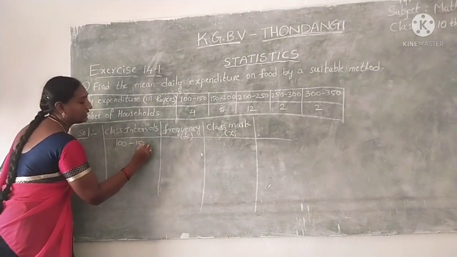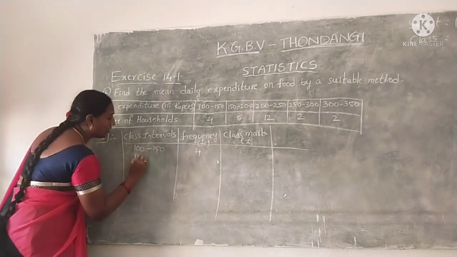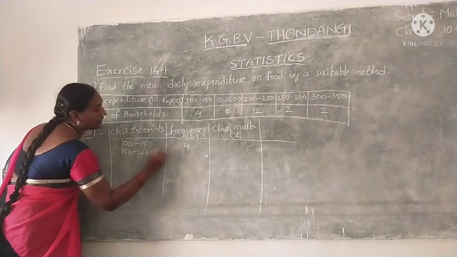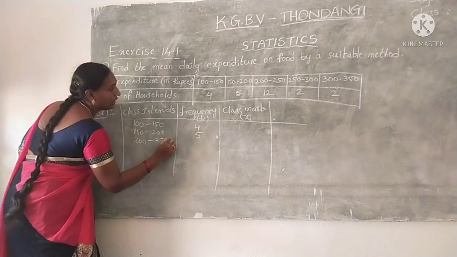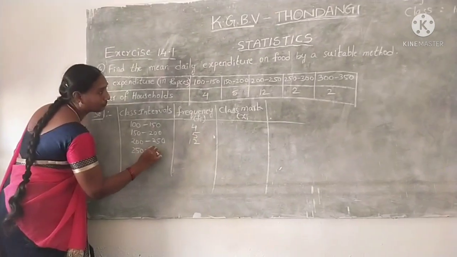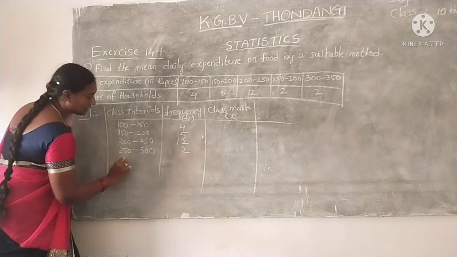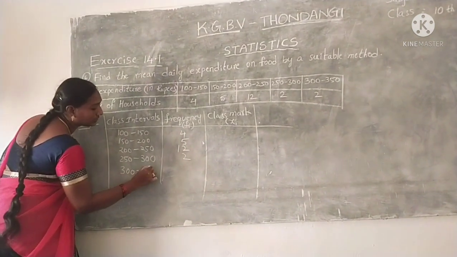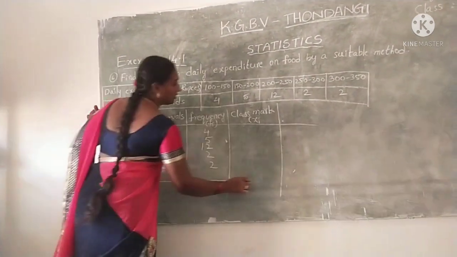Class interval 100 to 150, frequency is 4. Next, 150 to 200, frequency 5. 200 to 250, frequency 12. 250 to 300, frequency 2. Next, 300 to 350, frequency is 2.